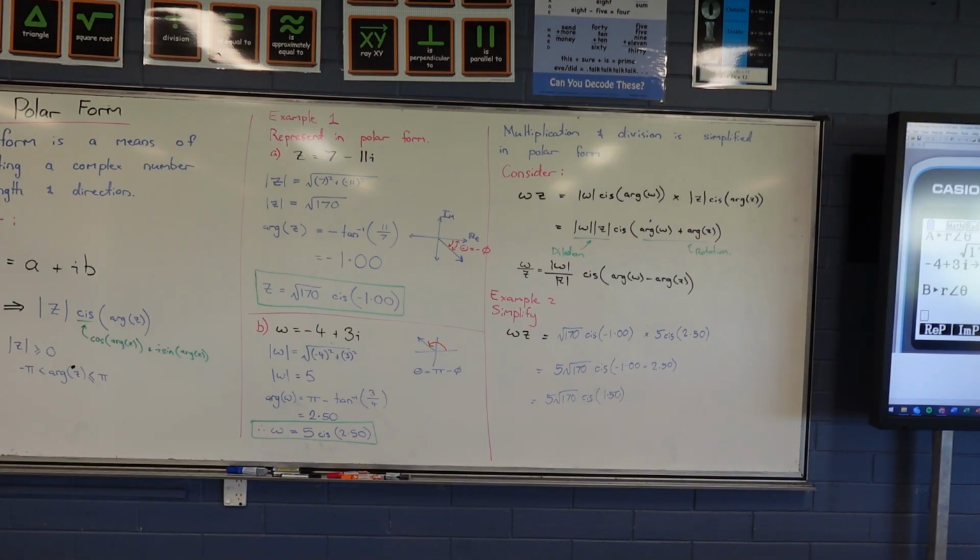This is quite an important thing because for some of you, using this knowledge allows you to find all the answers to square roots, cube roots, fifth roots, seventh roots.